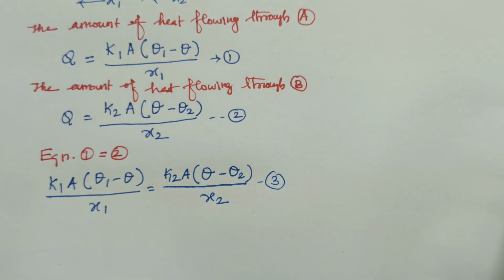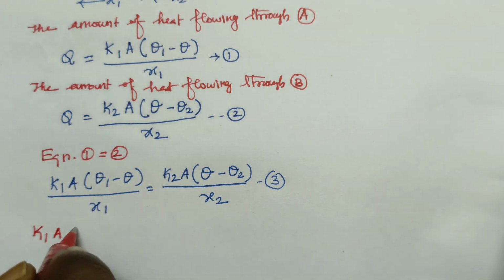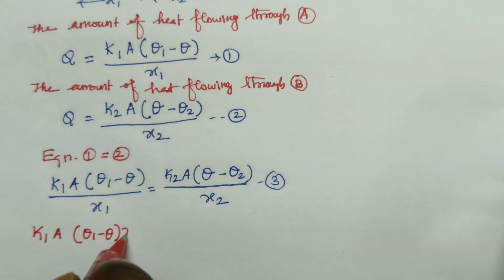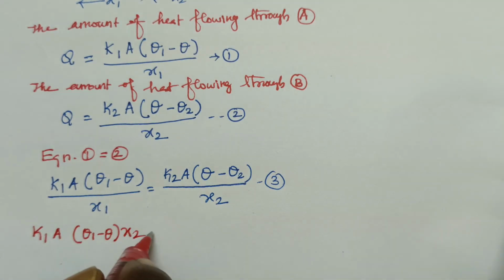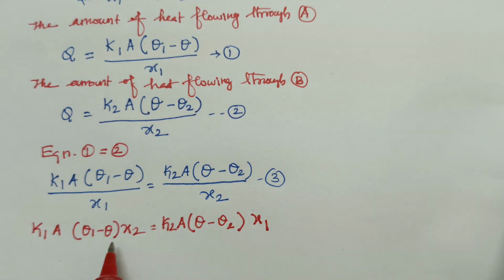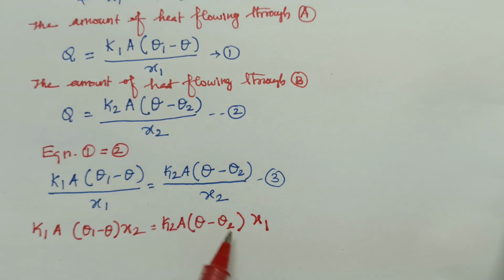Rearranging the above equation, that is, K1 A into theta 1 minus theta into x2, equal to K2 A into theta minus theta 2 into x1.